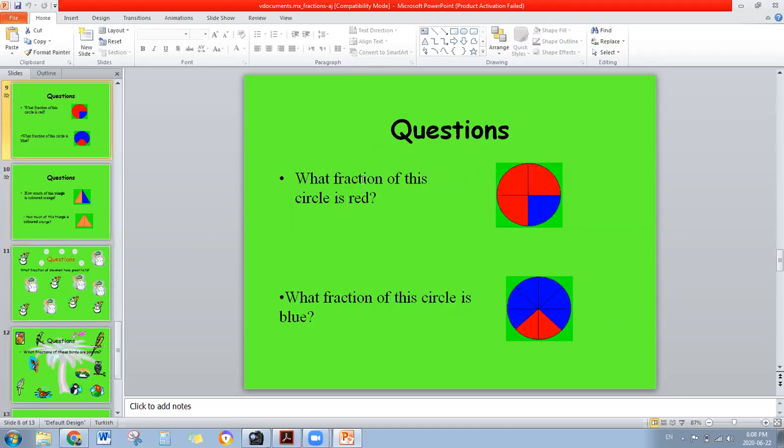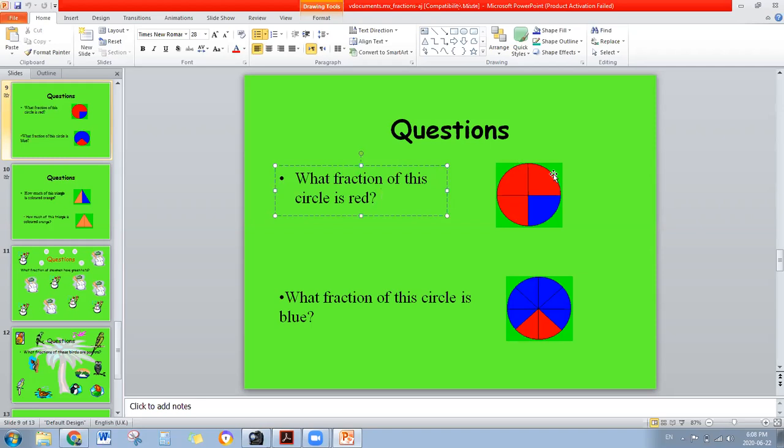Here is the first question: what fraction of this circle is red? The first thing you have to do is count all the equal parts you have. Here you have 1, 2, 3, 4, 4 equal parts. You want to know how many red parts out of 4. You have here 1, 2, 3.